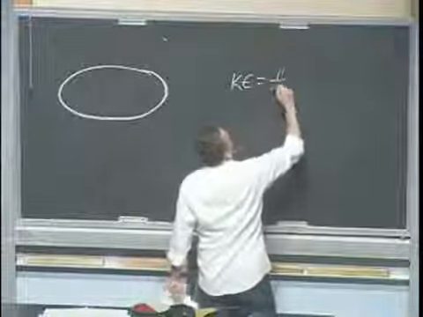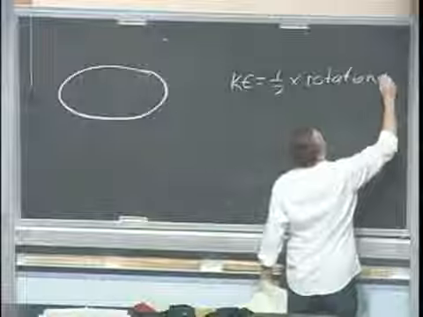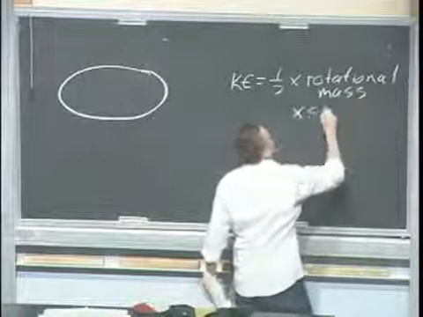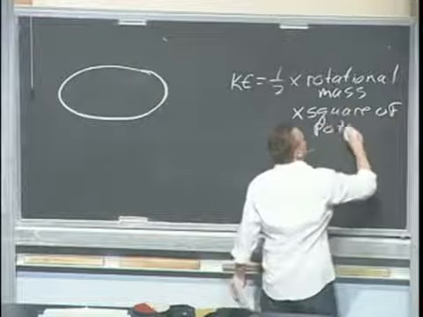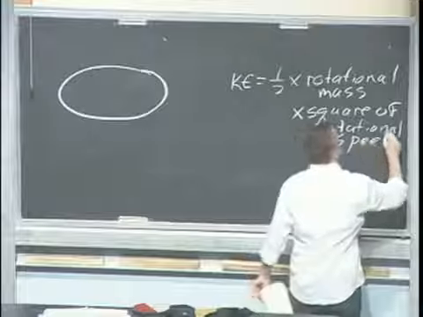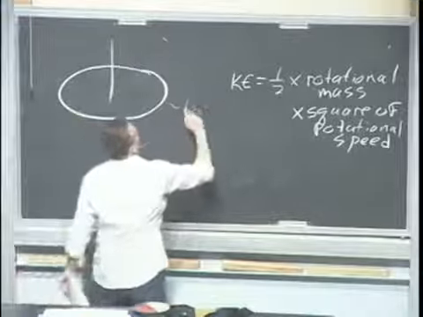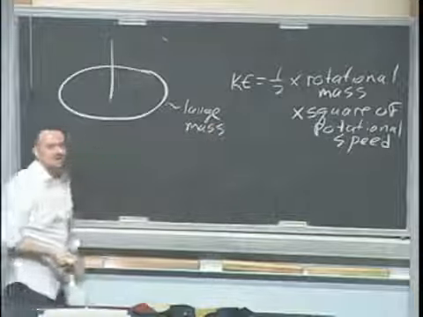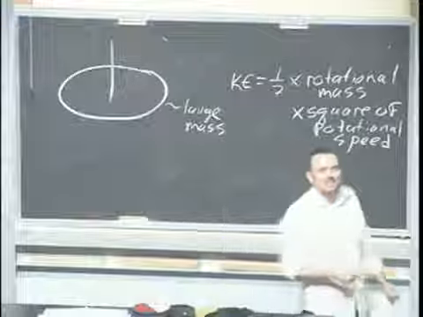It's equal to 1/2 times its rotational mass times the square of its speed. Okay, so all we want to do is take this large mass and spin it up really fast. Okay? And if we do that, we've got a nice store of energy there.